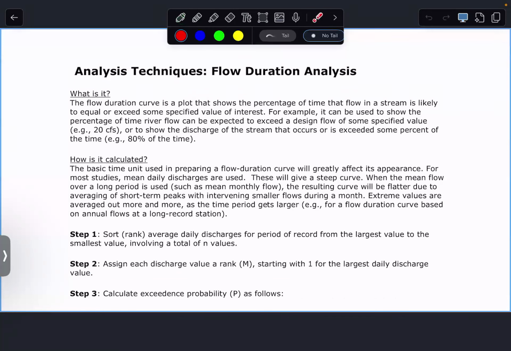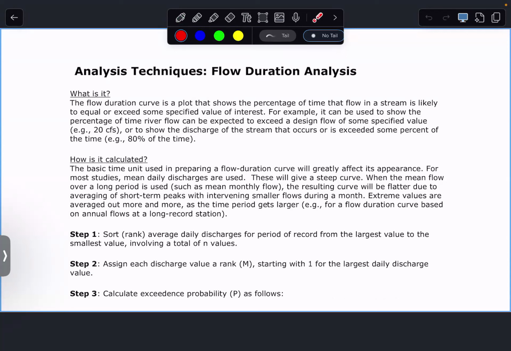So flow duration analysis is we're going to plot a flow duration curve, okay, which is going to show a percentage of time that flow in a stream is likely to equal or exceed some specified value of interest.